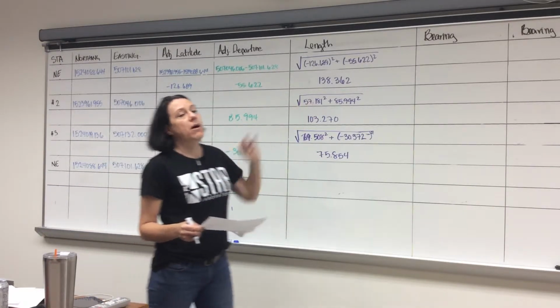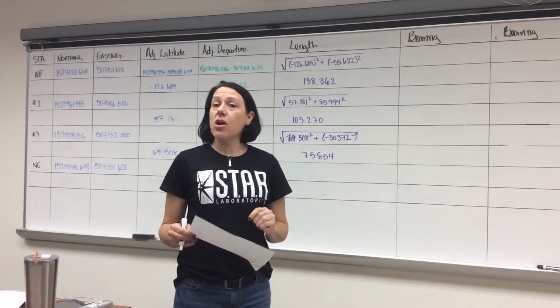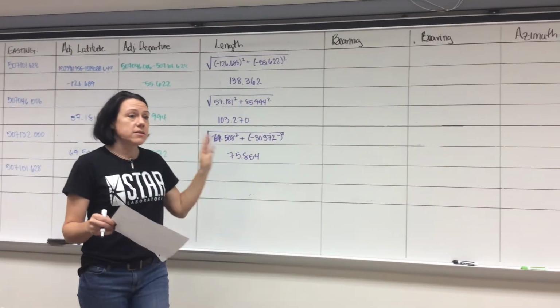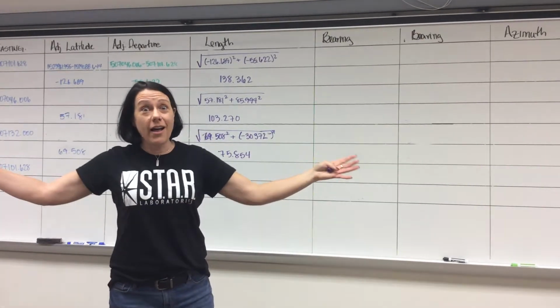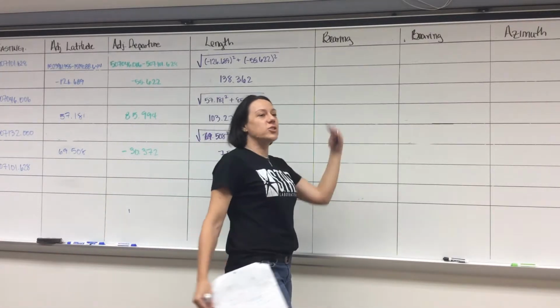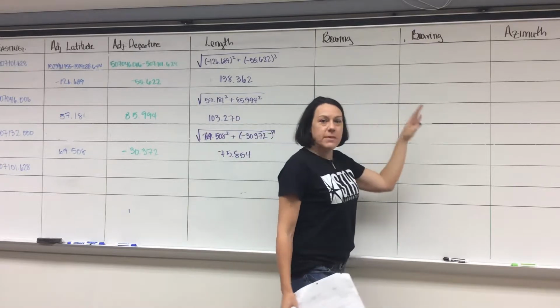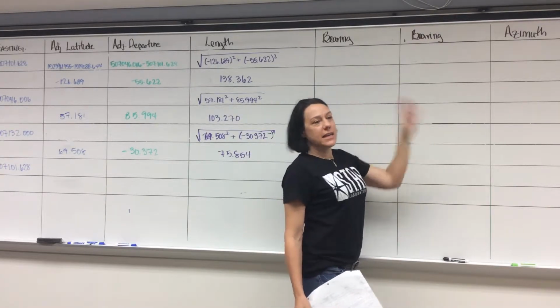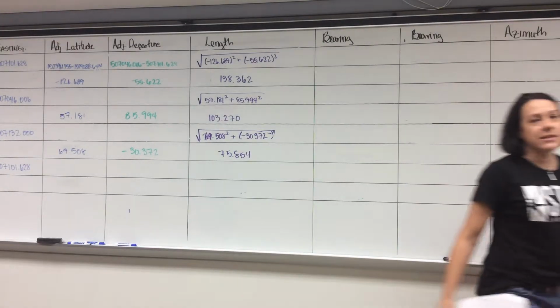Now, the next part, the actual bearing. Remember what a bearing is. Bearings are northeast, southeast, northwest, southwest, and they can't be any greater than what? 90 degrees. So you're not going to get 120 degrees southeast. No, it is going to be in the southeast, yes, but it's not going to be greater than 90 degrees. Now, back to my picture.